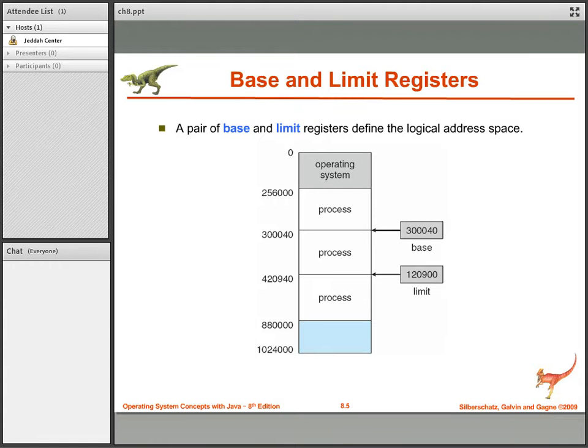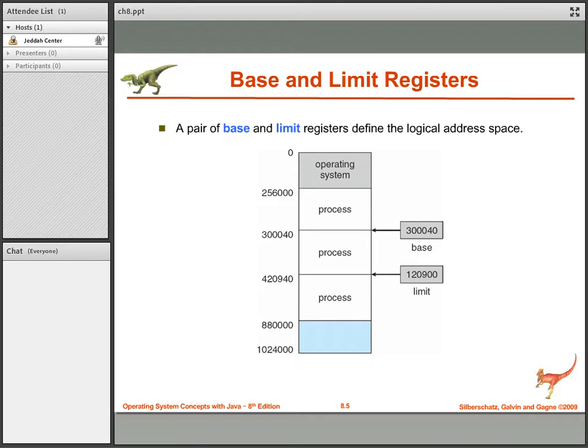The base and limit registers are registers that contain the base and the limit that define the logical address space.